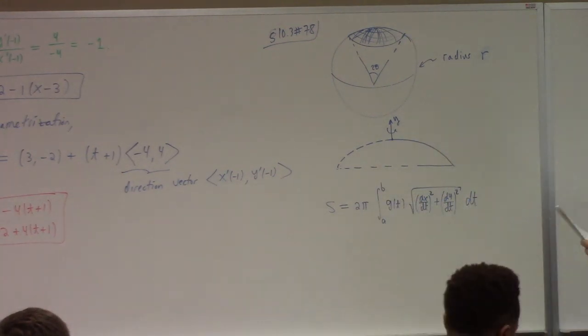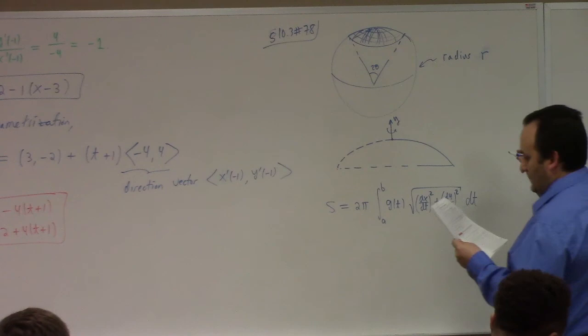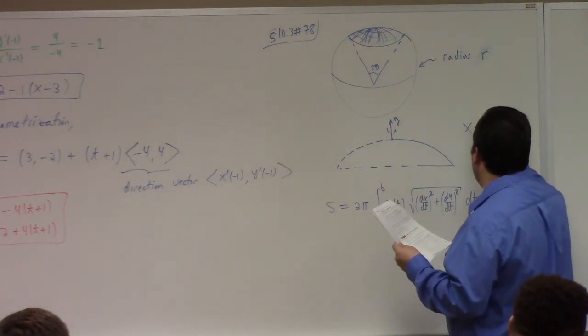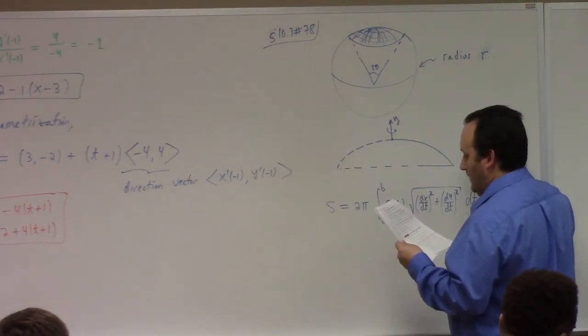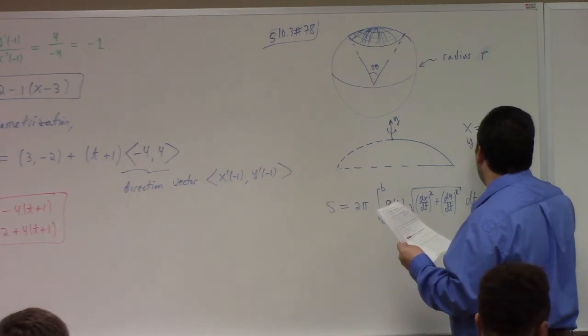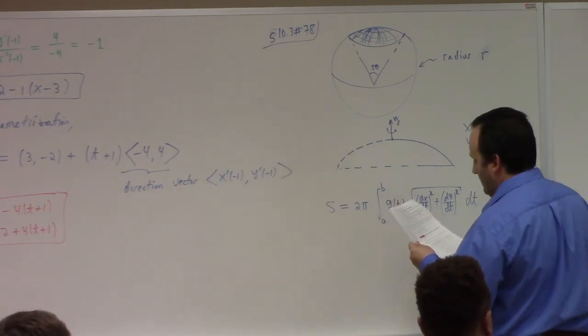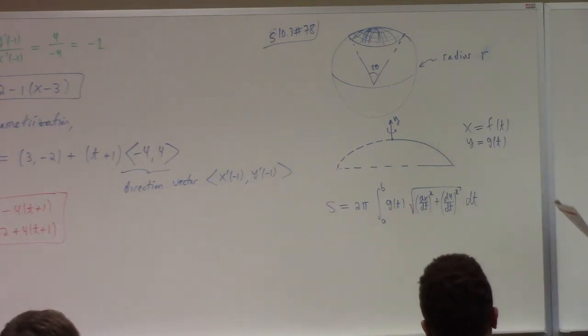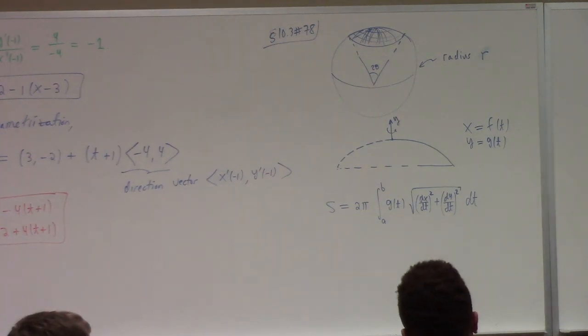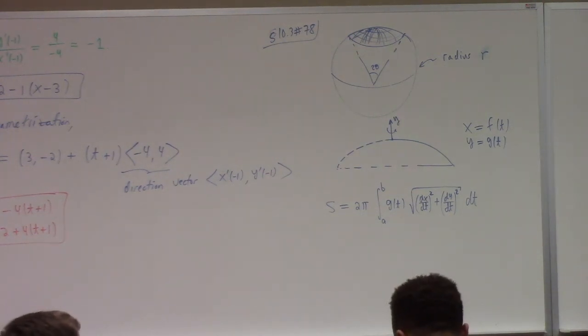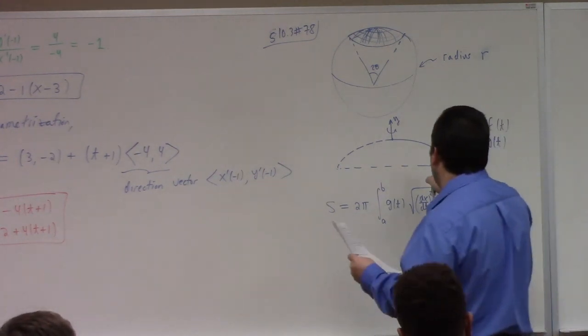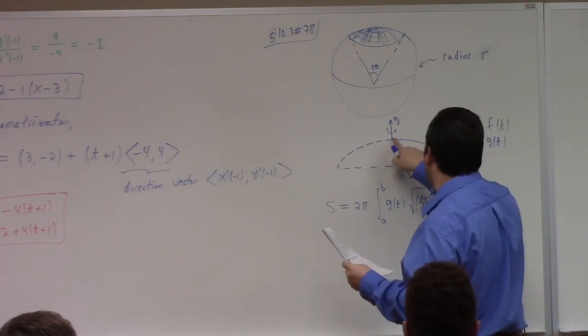Now what's this? This is for x equals f of t, right? And y equals g of t. And we're assuming that the curve does not cross itself, which would be the case. We're thinking about, again, the curve we're actually talking about is, let me do it in a different color even.